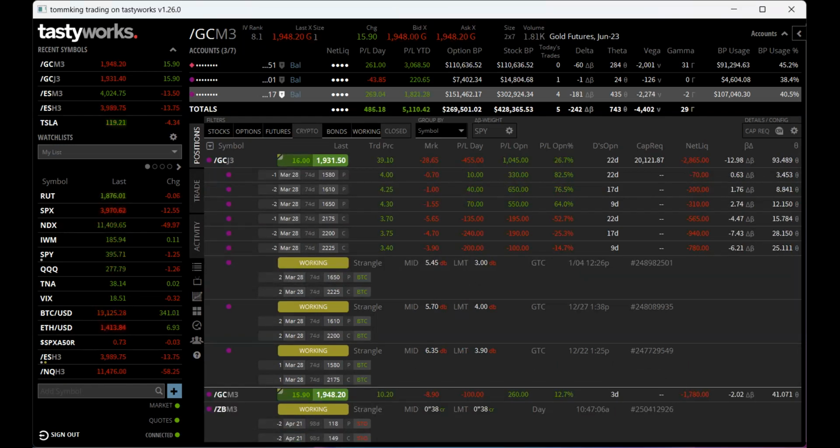If we look at the 1650, 2225, that one is at a 30% winner so far. The 1610 here at 5.7 is at a 29% winner.